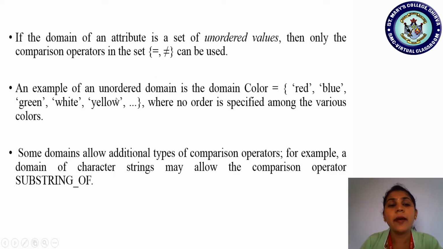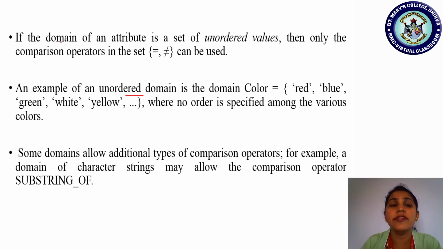An example of an unordered domain is the domain color. Just check, students, color is not a number value, it is something like red, blue, green, white, yellow. So these kinds of values are referred to as which one? Unordered values.